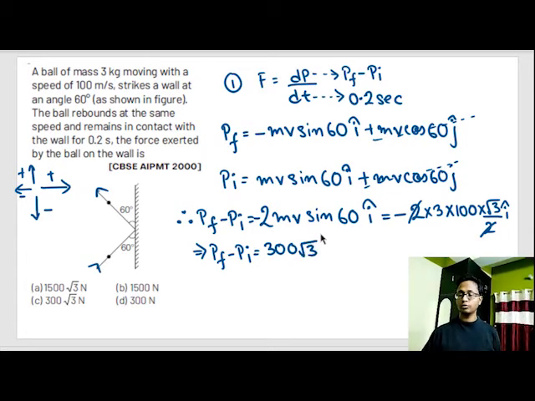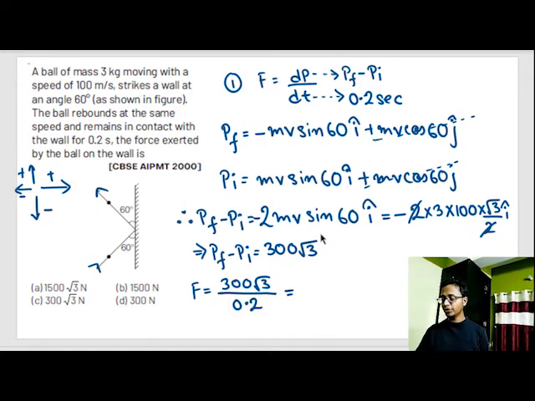Now they are asking the force. So force is equal to dp by dt, or final momentum minus initial momentum, which is equal to 300 root 3 by dt. dt is given as 0.2.